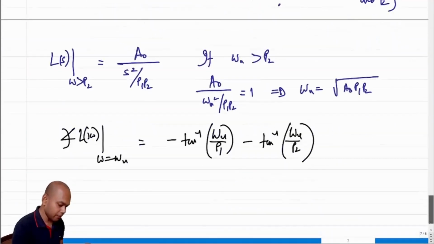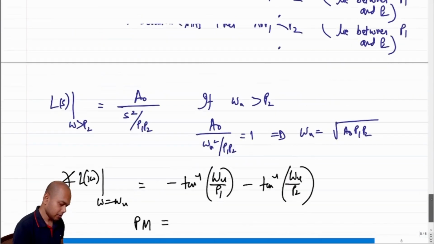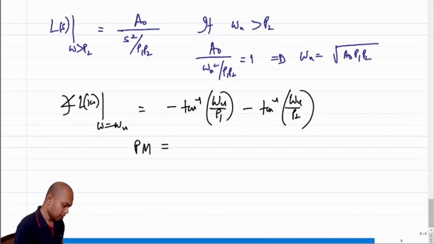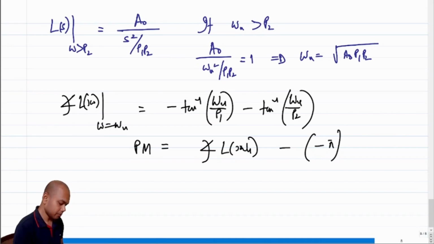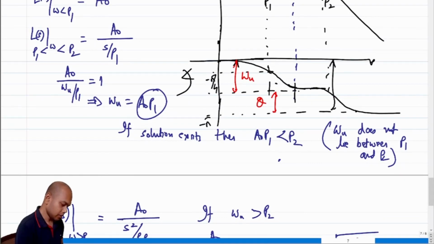So how much margin do I have? The margin is the phase margin that I have. The phase margin in this case is how much? This theta. Let me write it in a more generic term. This will be the angle at omega U minus of minus pi, because this is minus pi and this is the angle.